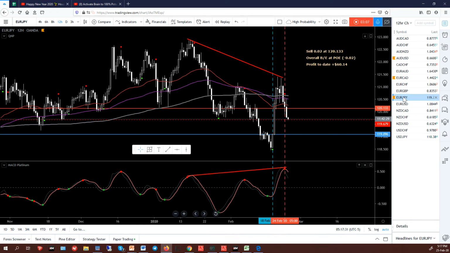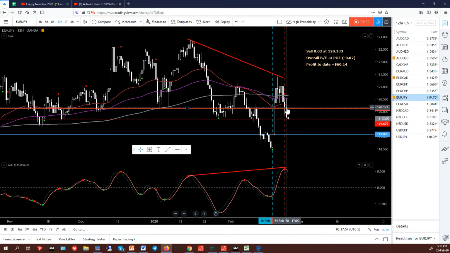Just as I was going through my charts, I was in a buy here, and as we know, the yen pairs are very volatile at the moment. And I took a sell yesterday, 24 hours ago. And what was that, this morning?